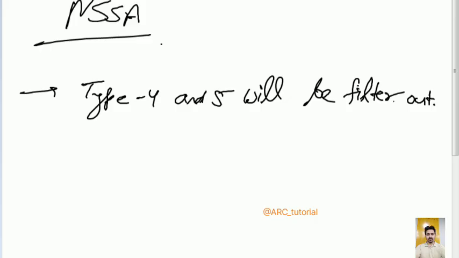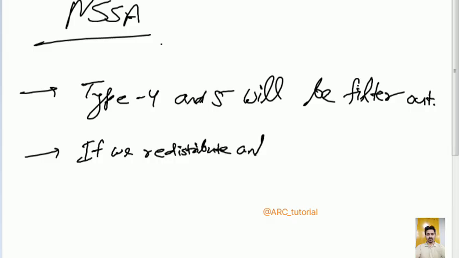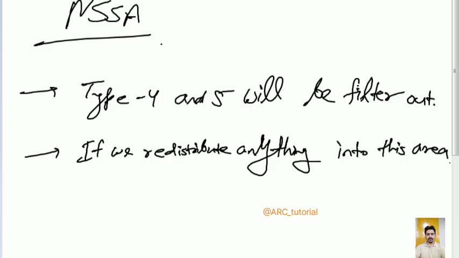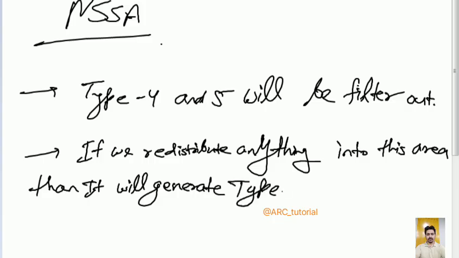Type 4 and 5 will be filtered out. If we redistribute anything into this NSSA area, then it will generate type 7 LSA.